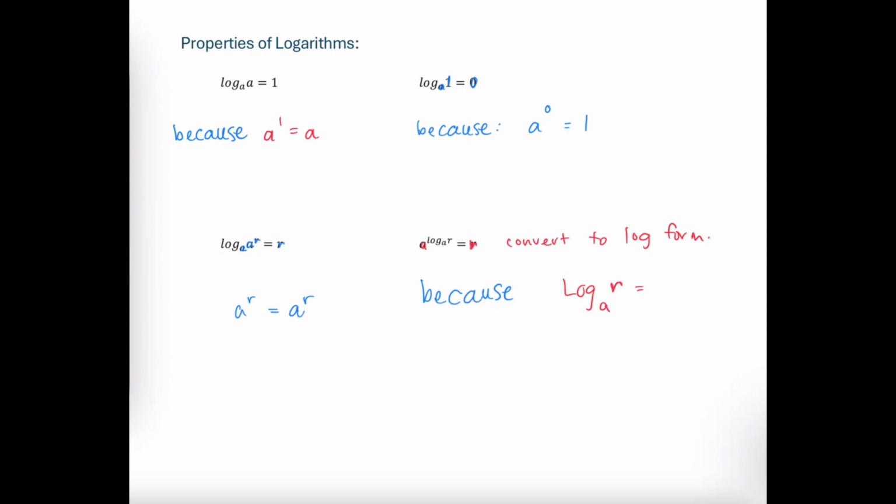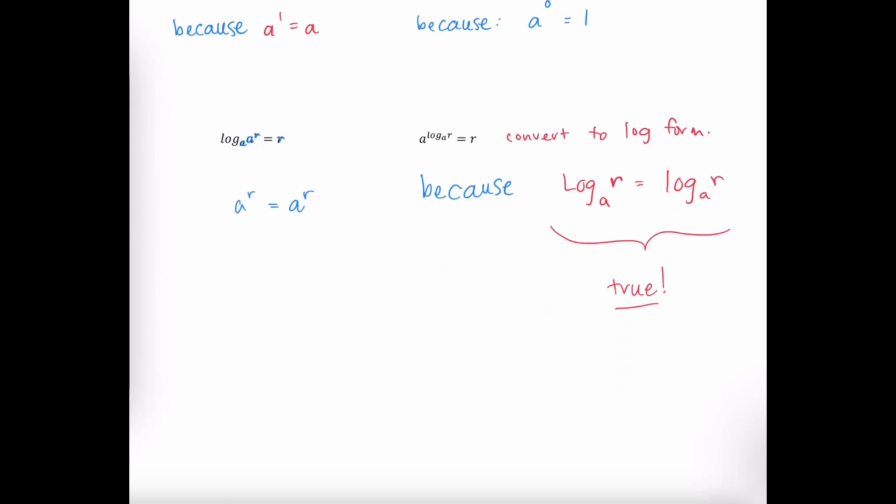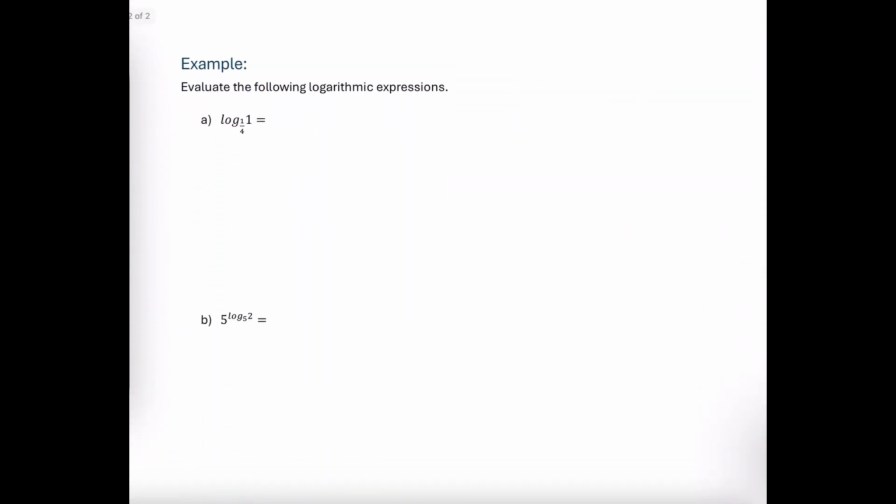Well, the exponent was log base a of r, so that's what this thing is going to be equal to, and here we can say this is definitely a true statement, so the exponential equation from which we got this statement must also be true. So these are some quick little explanations about some of the more basic logarithmic properties. Let's look at a few examples of how that plays out.